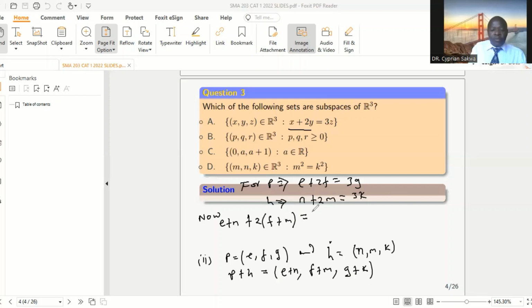I have not yet ascertained that it will give me 3 times that. Let's just open the bracket. It will be E plus N plus 2F plus 2M. Now bring the elements of P together. The elements of P were E and 2F, so E plus 2F.